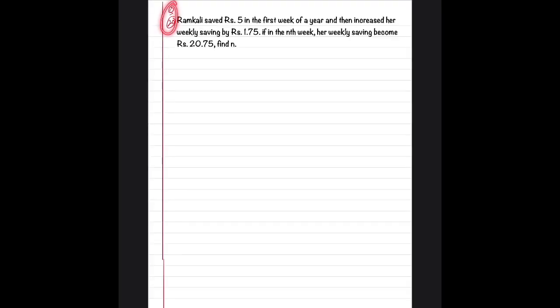So, question number 20. Ramkali saved 5 rupees in the first week of a year and increased her weekly saving by 1.75. If in the nth week her weekly saving becomes 20.75, find the value of n.